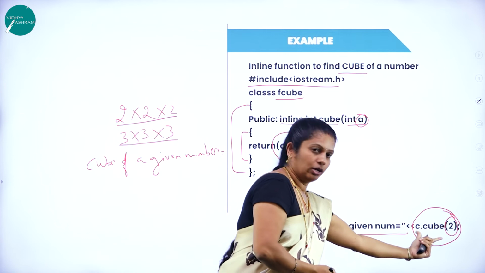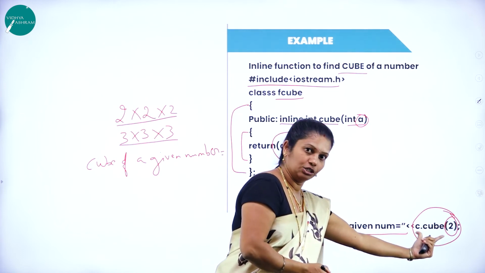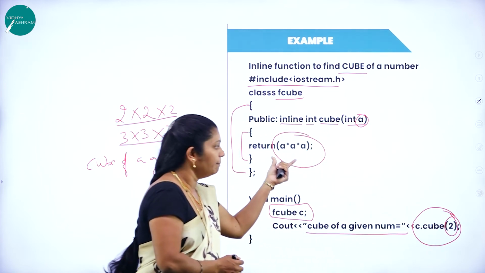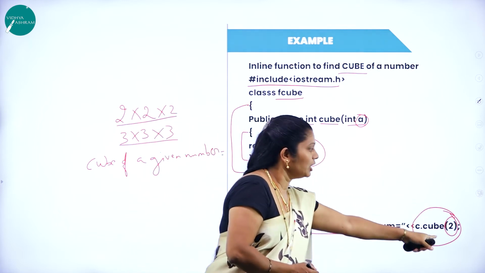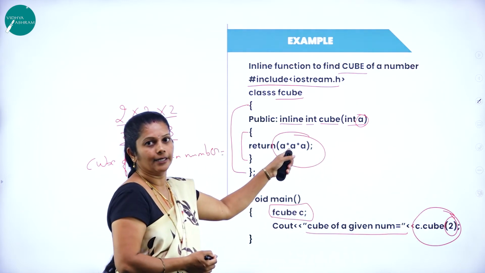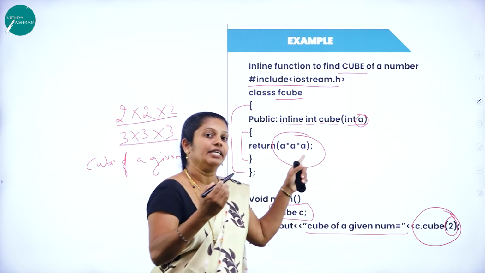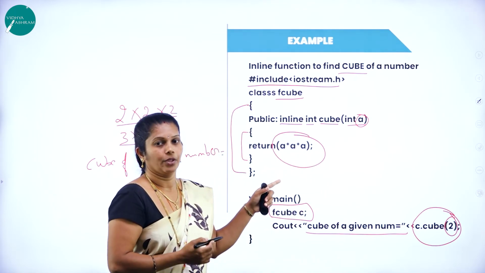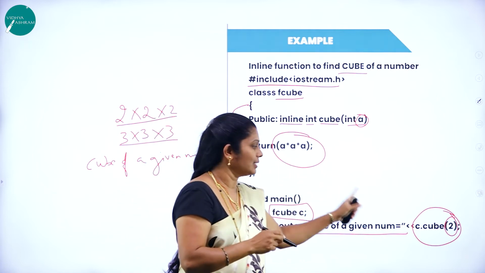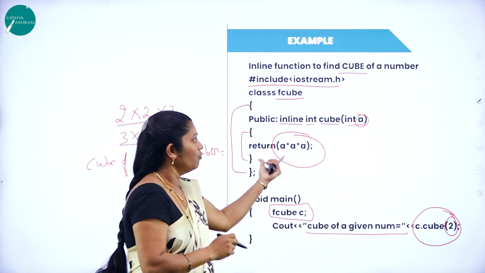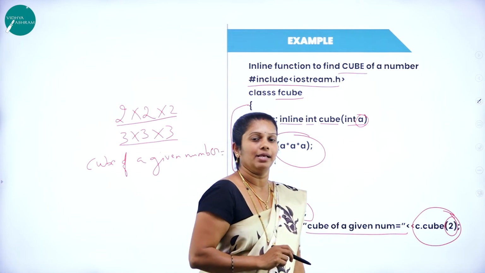That's why the executable file size increases, but it is very fast. Only the executable file size increases and it is very fast, because obviously the compiler replaces this call by the body.